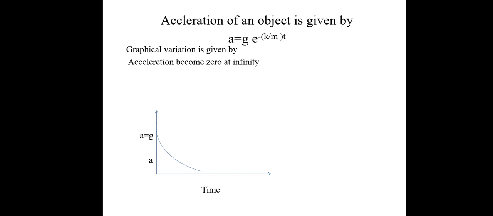As time proceeds, a reduces because the exponential term has a minus sign. It reduces and finally reaches 0. As t tends to infinity, e power minus infinity is 0, then a equal to 0. That is, at infinite time, the acceleration of the object reduces to 0.